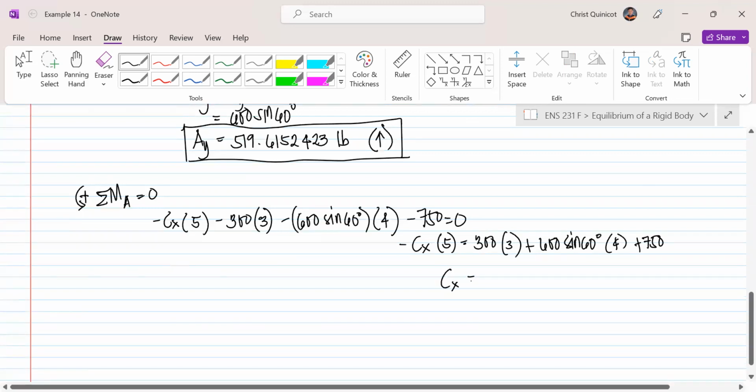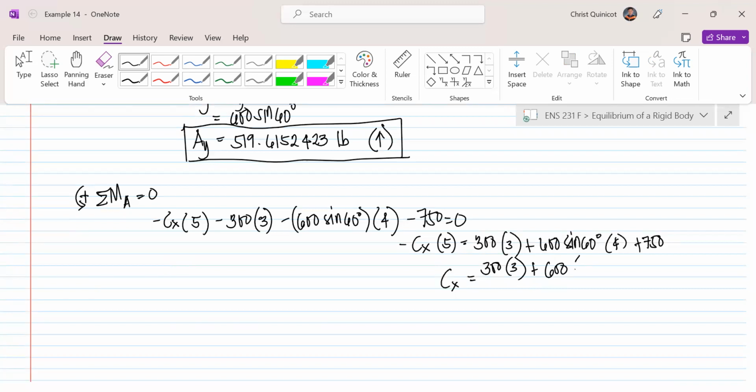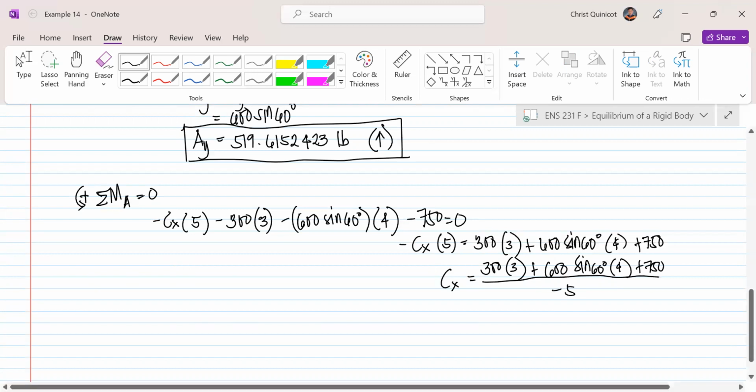C sub x is equal to 300 times 3 plus 600 sine 60 degrees times 4 plus 750, divided by negative 5.